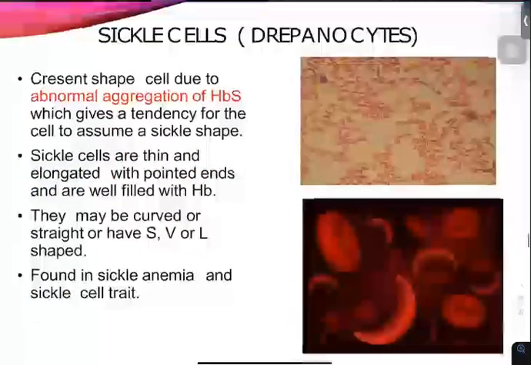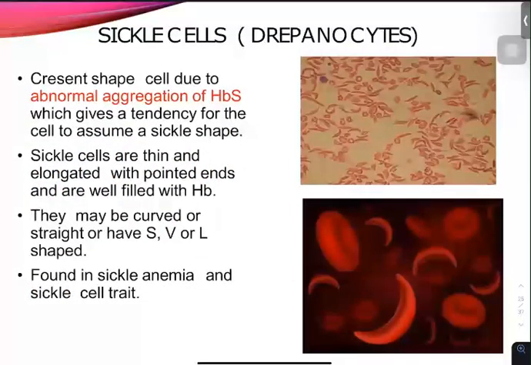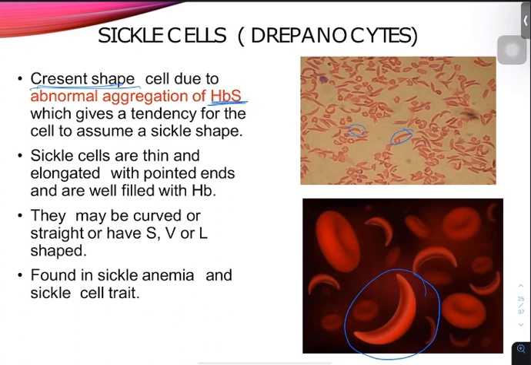Next is your sickle cell. Okay? Sickle cell. Crescent shape. So this one is sickle, this one is sickle, this one is sickle. Okay? Usually the abnormal aggregation of your hemoglobin S, which give the tendency for the cell to assume a sickle shape. Okay?